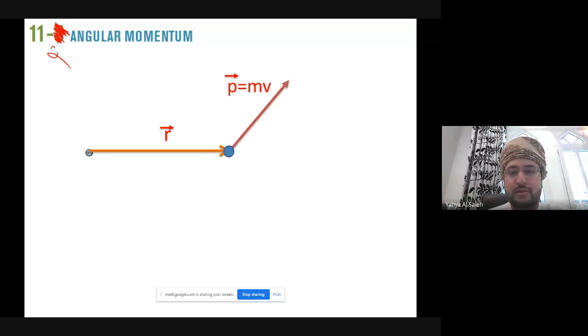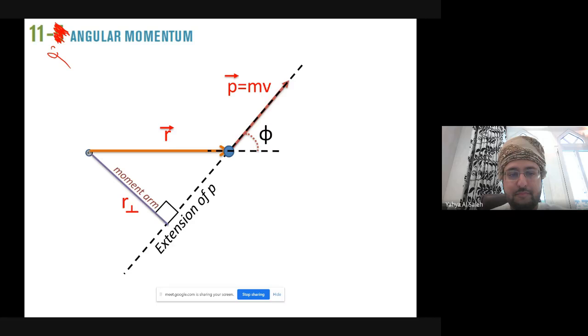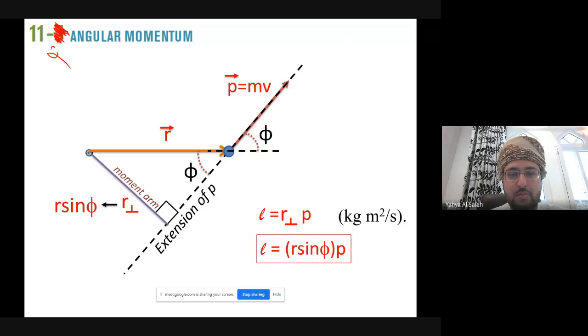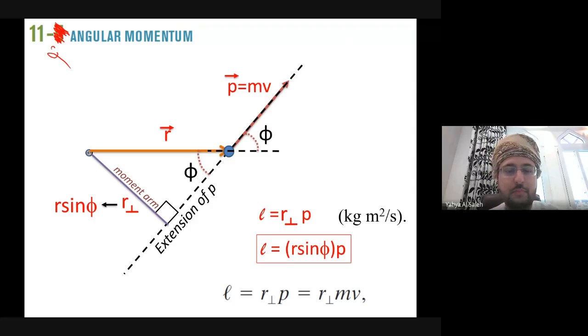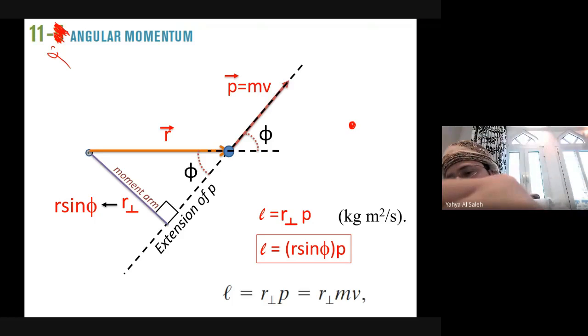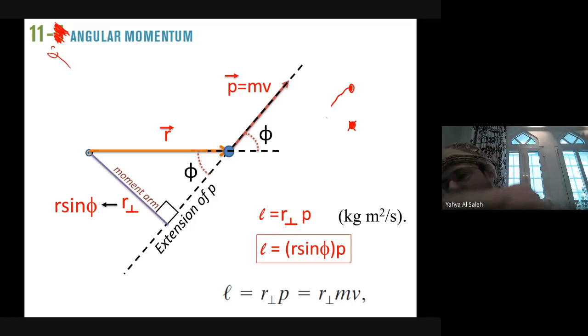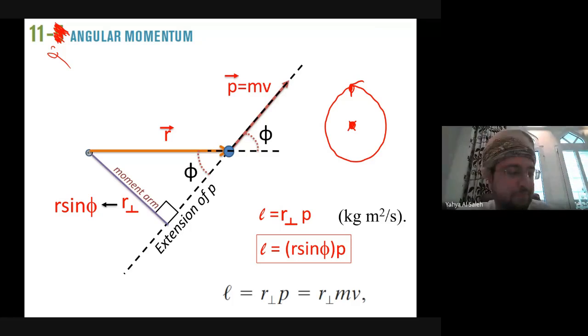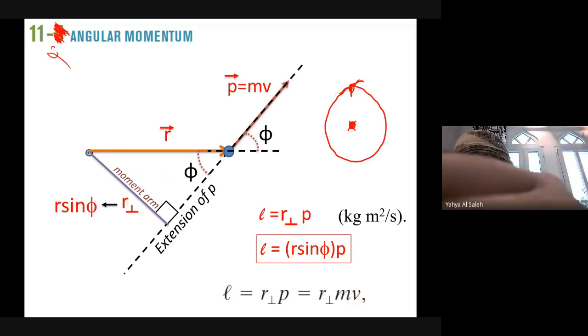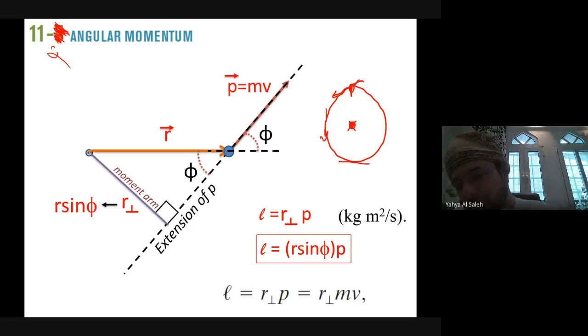Let's look at two objects. Now, if something is rotating about something else, it has a linear momentum, right? So if I have something here, this is my x point, and this thing is going counterclockwise, then at each second, at each point, it has a direction that is tangential, right?